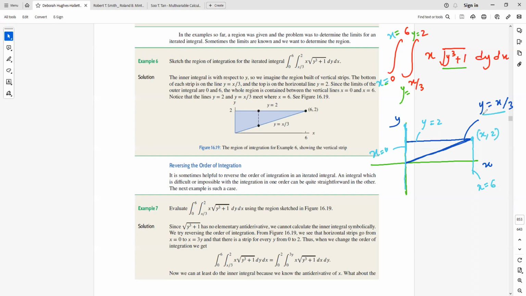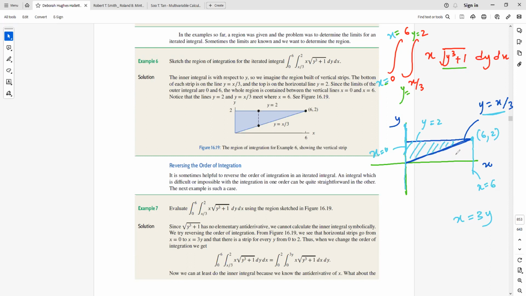And since the function here is y equals x over 3, which means that x equals 3y, therefore x equals 3 times 2. So this point is going to be 6 comma 2. That means that this x equals 6 is going to cut here. Now the common region bounded between all these curves is this region, right?